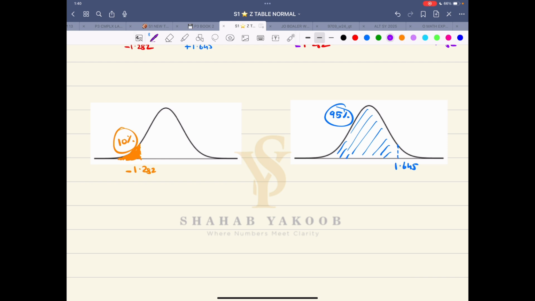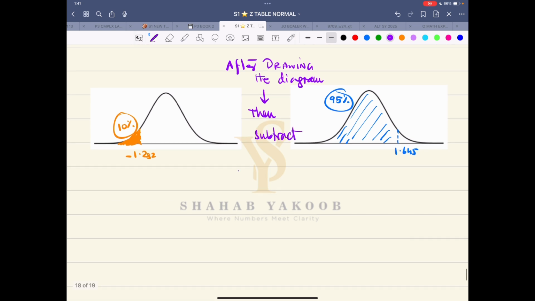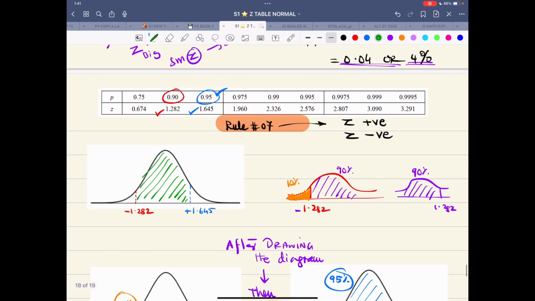Therefore, after drawing a diagram, you can subtract if you want to do it this way. So this is 95% minus 10%, that comes out to be 85%. That is the area of the green region under the graph. That is the answer. That's one approach.